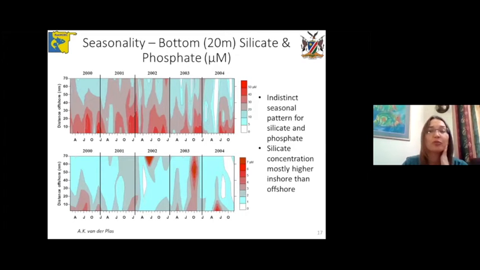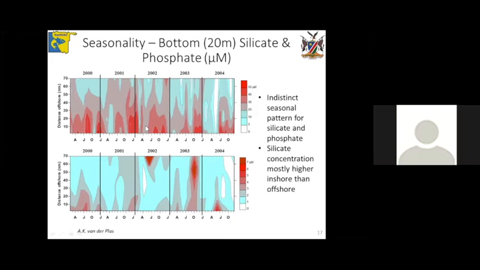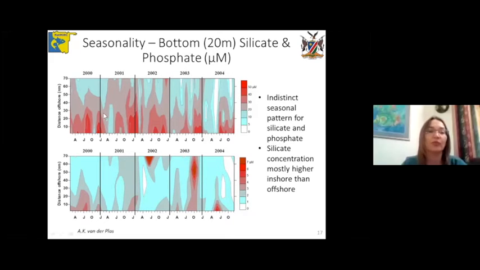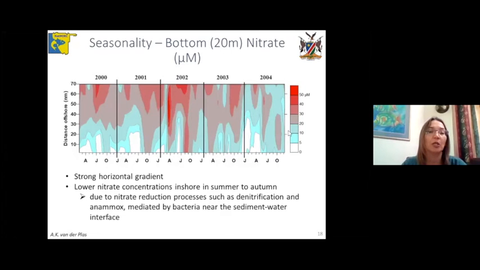Looking at the bottom nutrients, silicate on the top and phosphate on the bottom, there's not really that seasonally distinct pattern, although for silicate we do see higher concentrations inshore versus offshore. And if we look at nitrate, we see a very strong gradient, much higher nitrate offshore than inshore.